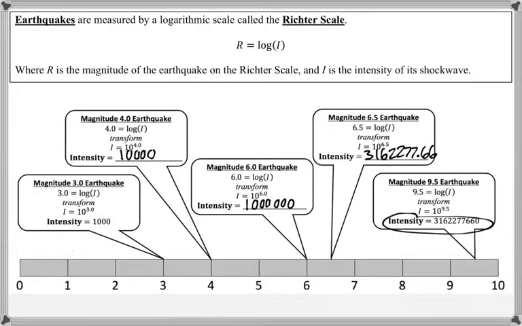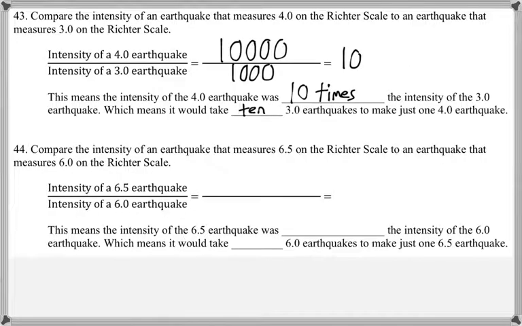So if I just divide those, I want to type those in. And I'm going to round to 2 decimal places.